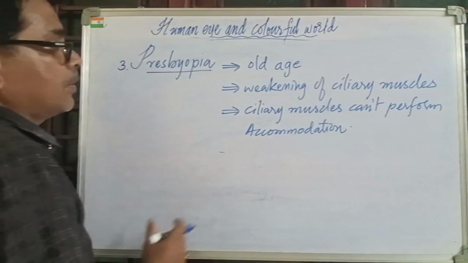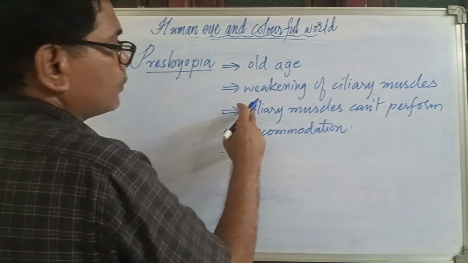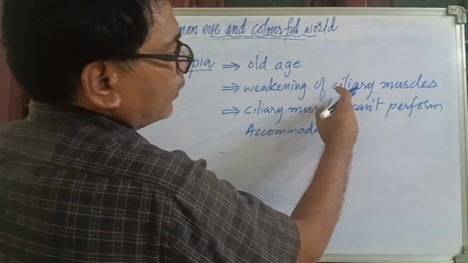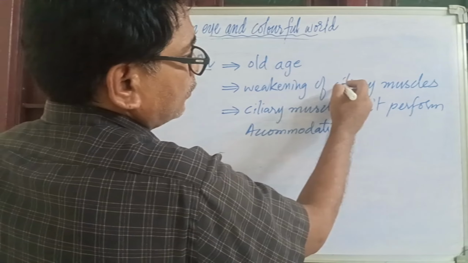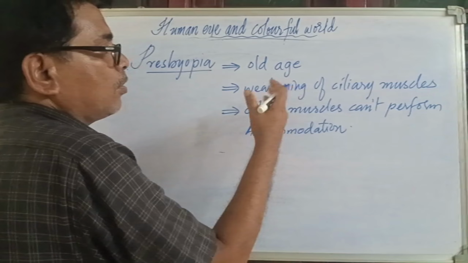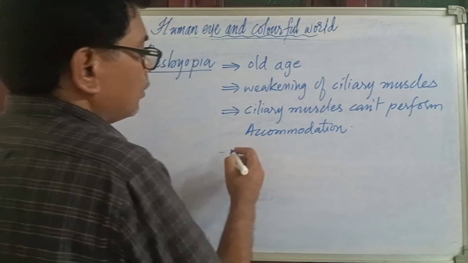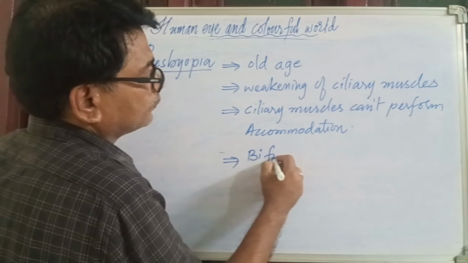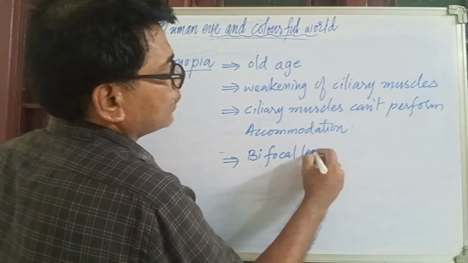Accommodation means adjusting the focal length and making the rays fall on the retina. Because they are used for a long period of time, these ciliary muscles, remember I was telling you about a rubber band, lost their elasticity. Now, this defect is corrected by a bifocal lens.